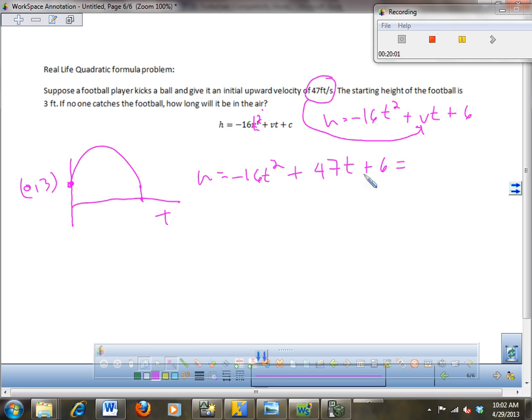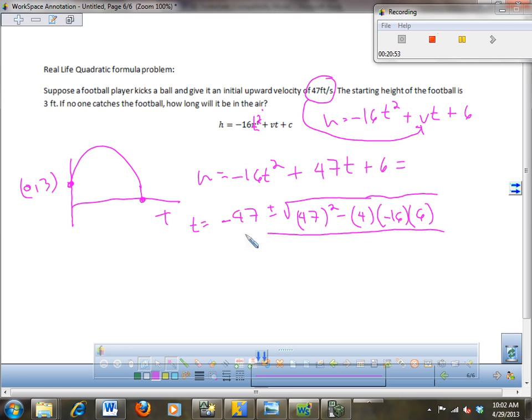So this one would be just about impossible to factor. So I'm going to plug this into the quadratic formula, and this is where the quadratic formula is the most useful. So I'm going to go negative 47, that's b, plus or minus the square root of, so t equals, in this case, because that's a variable, negative 47, b squared, which is some big huge number, b squared minus 4 times a, which is negative 16, times c, which is 6.